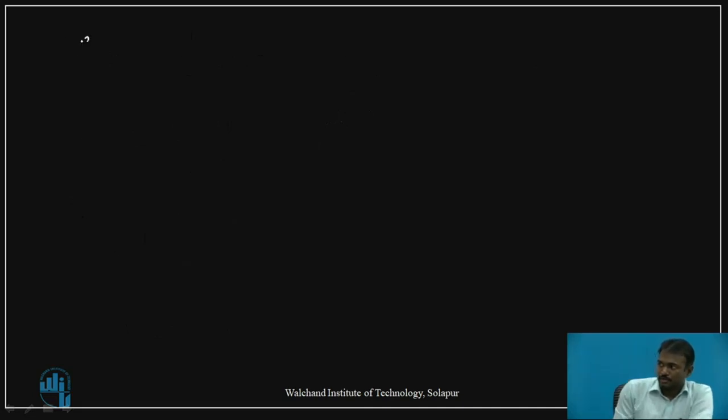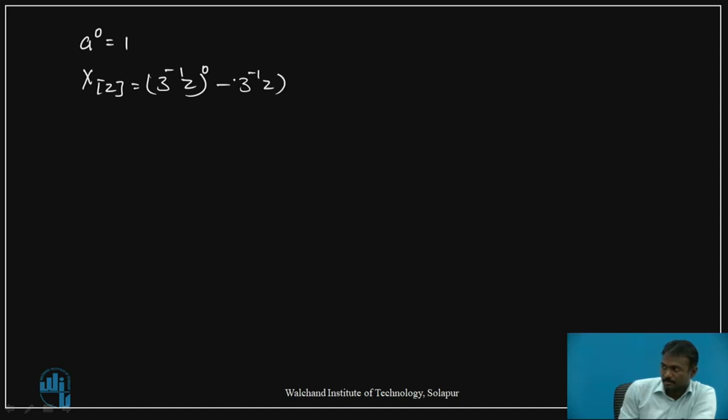We are going to use the concept that a to the power 0 is equal to 1 to simplify X(z) here. So X(z) will be written as (3 inverse z) to the power 0 minus (3 inverse z) to the power 0 minus summation k is equal to 1 to infinity of (3 inverse z) to the power k.